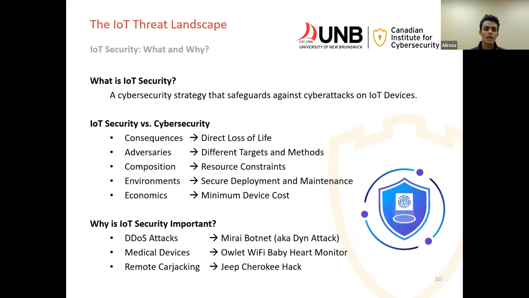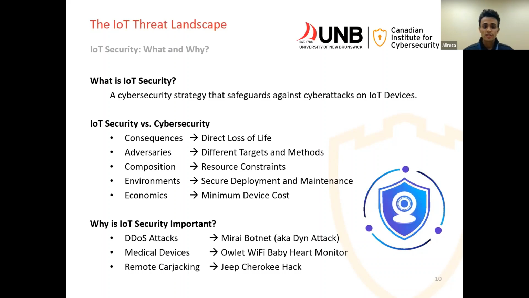However, it would be wise to distinguish between IoT security and cybersecurity. So what makes these two different from each other? The first thing is consequences. The consequences of IoT security are much, much more vital. For example, we could have direct loss of life in the health applications. If we inject the wrong amount of some drug into a person's body, they might die.